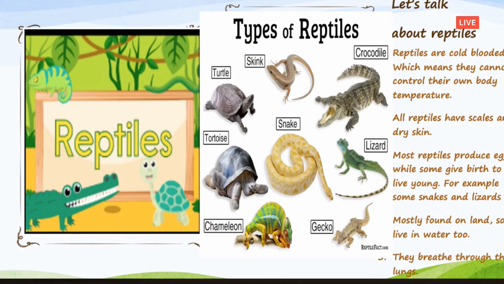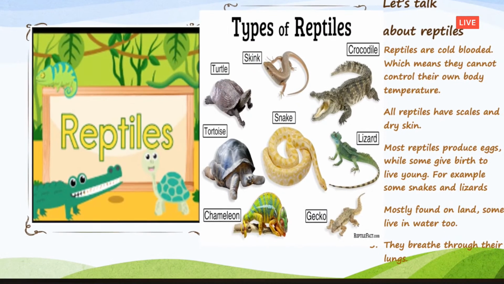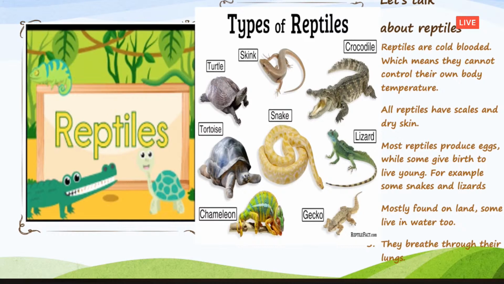All reptiles have scales and dry skin. Yes, they have scales, but they're not fishes. Most reptiles produce eggs, while some give birth to their live young. For example, some snakes lay eggs, some don't. Some lizards lay eggs, but some don't.